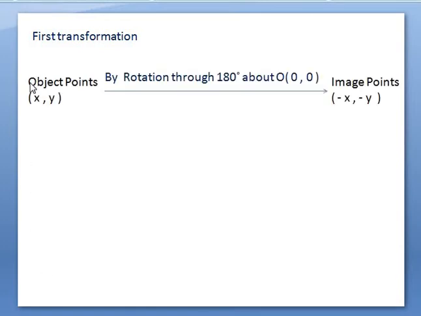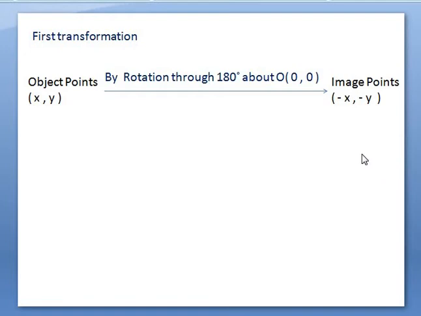Let's start the first transformation. We have rotation of 180 degrees about origin. Object point (x, y), the image point is (minus x, minus y).